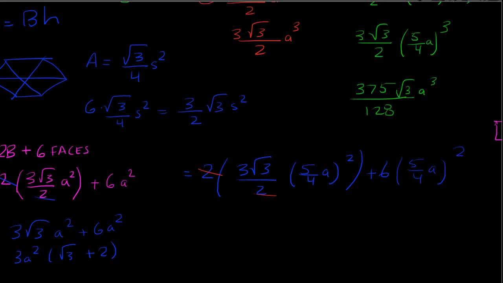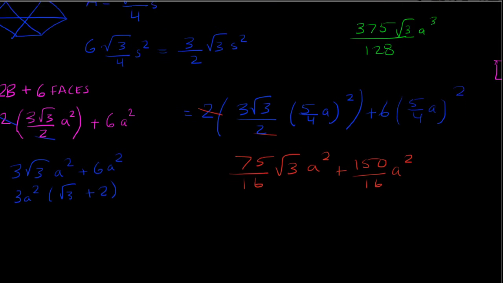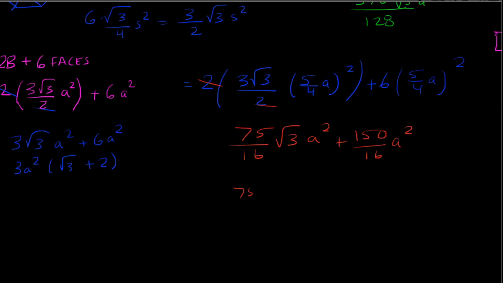So I have 5/4 squared will be 25 over 16 times 3 is 75 over 16 root 3 A squared. 5/4 squared is 25 over 16 times 6 is 150 over 16 A squared. I can factor out a 75 over 16 A squared. What's left is root 3 plus 2.